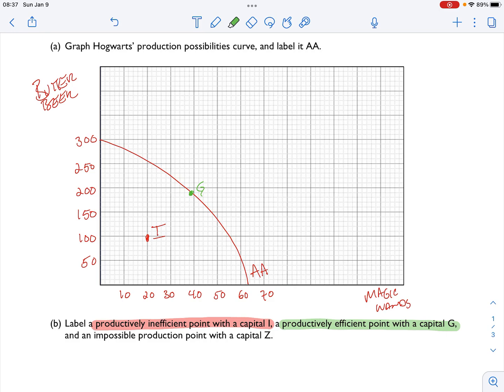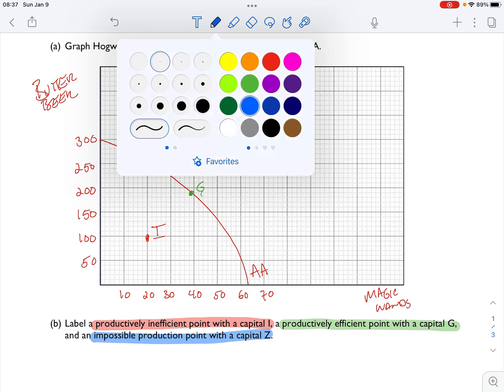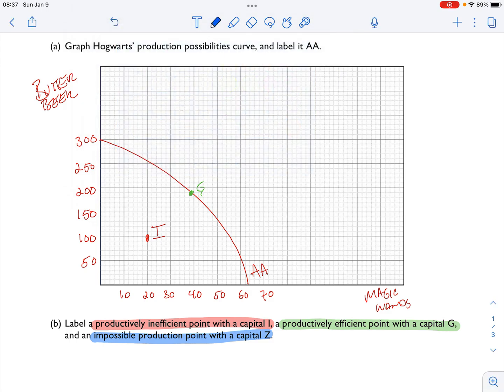An impossible production point is our last portion of this question. And an impossible production point lies outside of the PPC. So let's say 300 Butterbeers and 50 magic wands. Label that with a capital Z. That's impossible because it suggests that Hogwarts is using resources they don't even have.